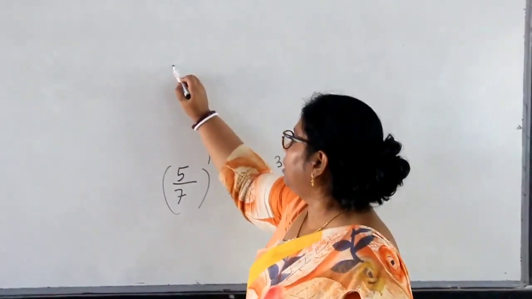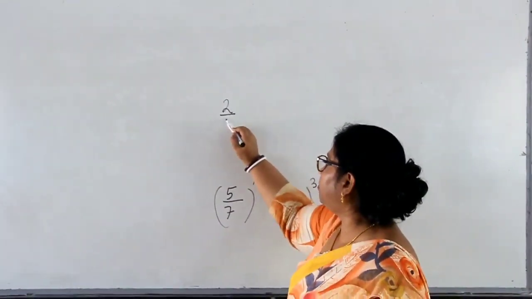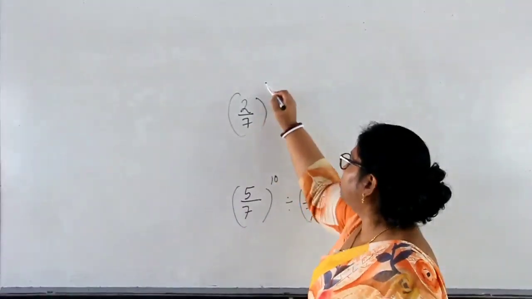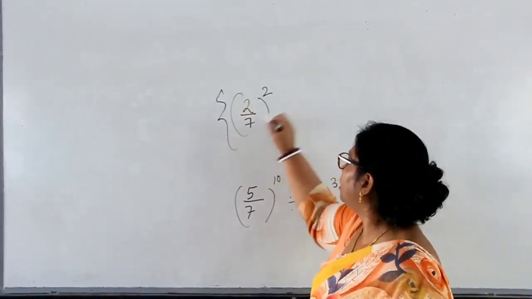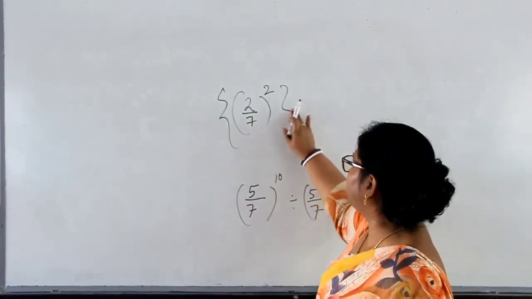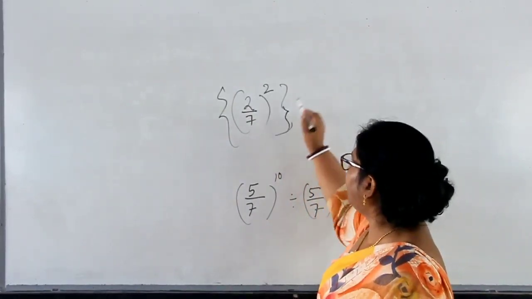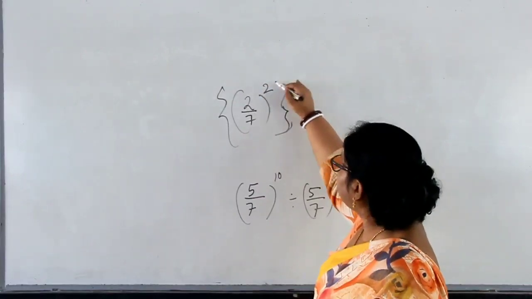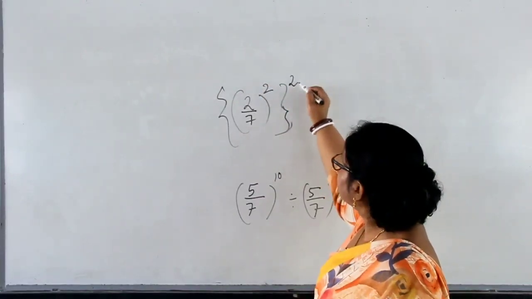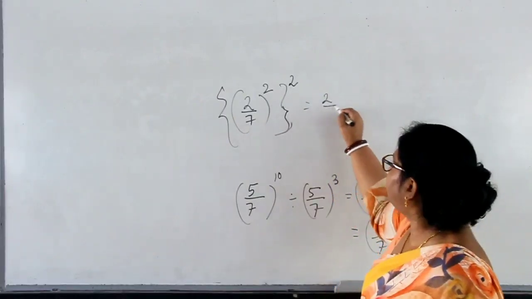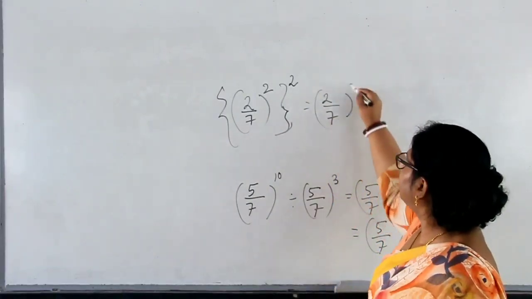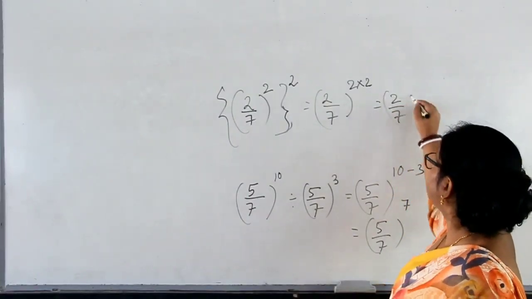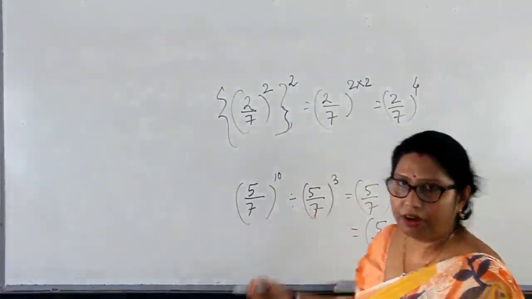Similarly, if I have 2 by 7 as the base, raised to the power 2, and I write one more power, that is 2 again, then I will have 2 by 7 to the power 2 into 2, which will give you 2 by 7 raised to the power 4.